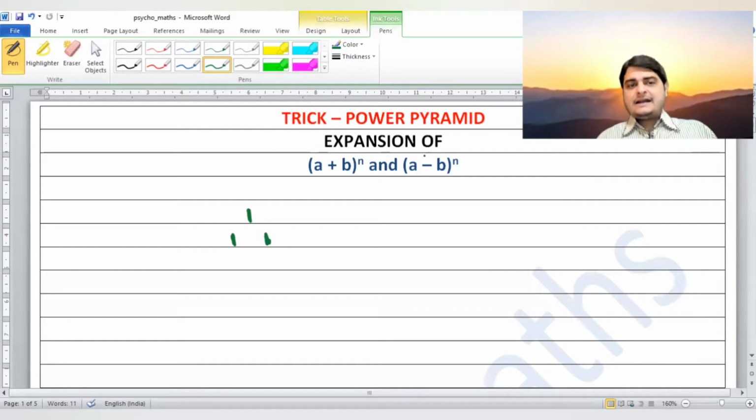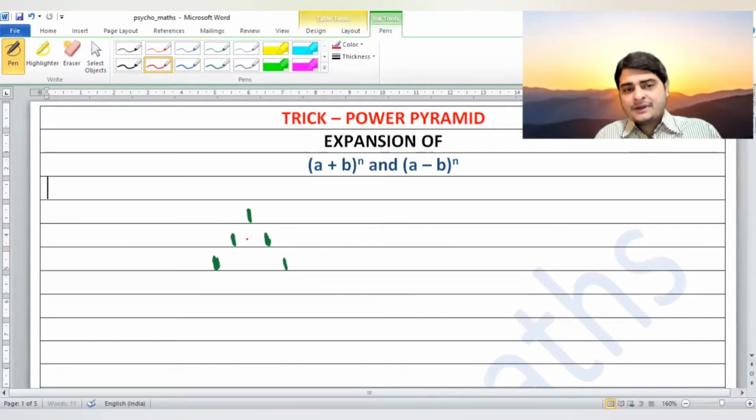Now again, going ahead in the triangular sides, this corner will be 1 and this corner will also be 1. What we need to do is just leave this space in between.